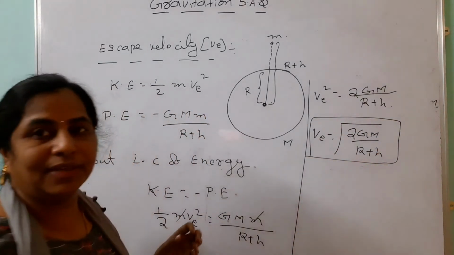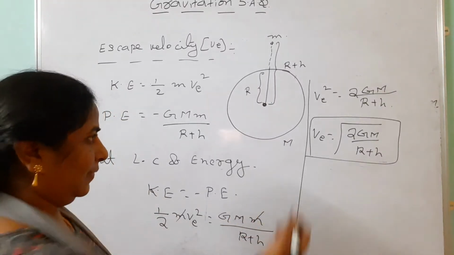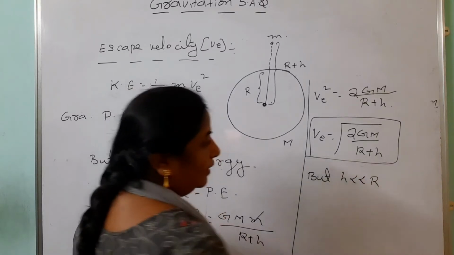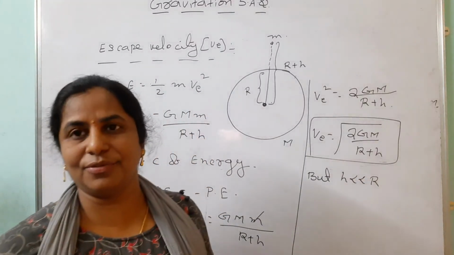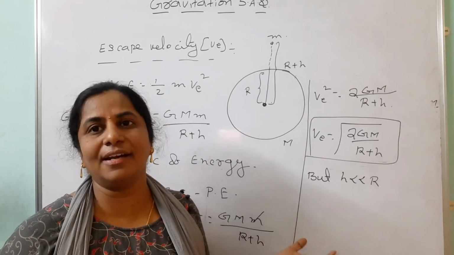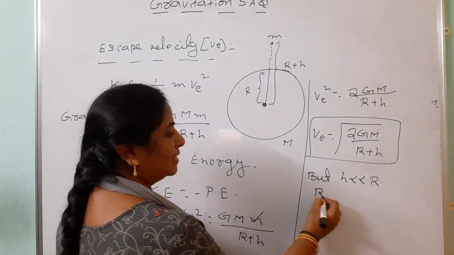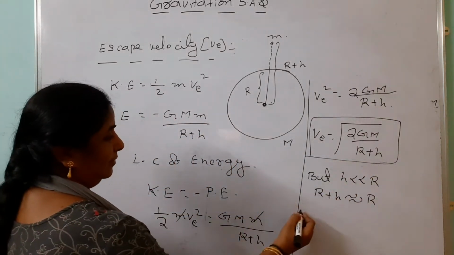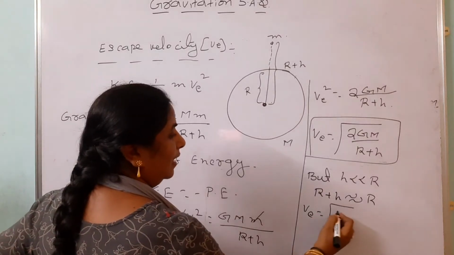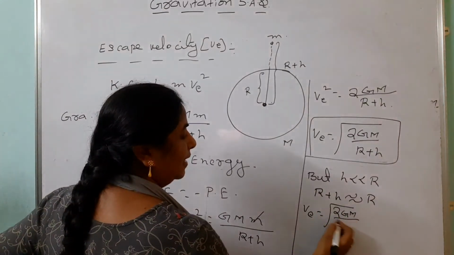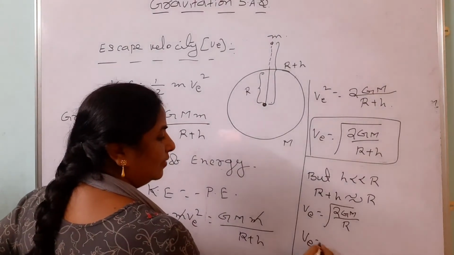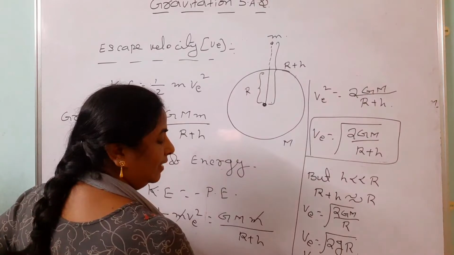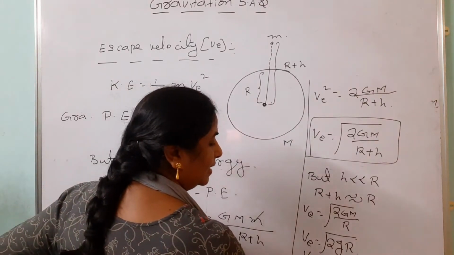Some materials extend it a little bit also, see. But when h is very small compared to R, you know that the radius of the earth is 6400 kilometers, but we can use only 100 kilometers, meaning instead of R plus h we can take only R when small heights are considered. Then v equals under root 2GM by R. Just now you know that instead of GM by R we can write gR also, so v equals root 2gR, which is 11.2 kilometers per second.